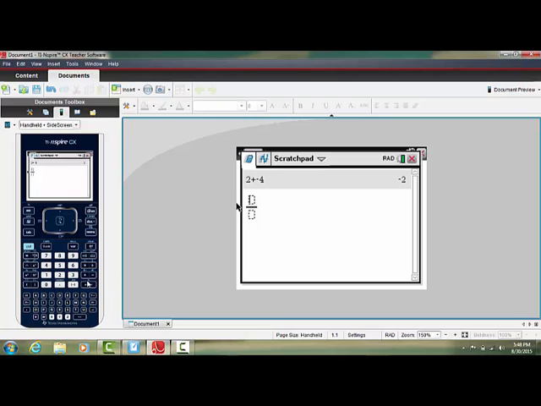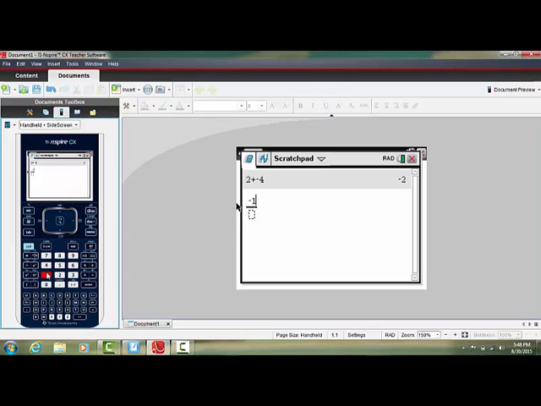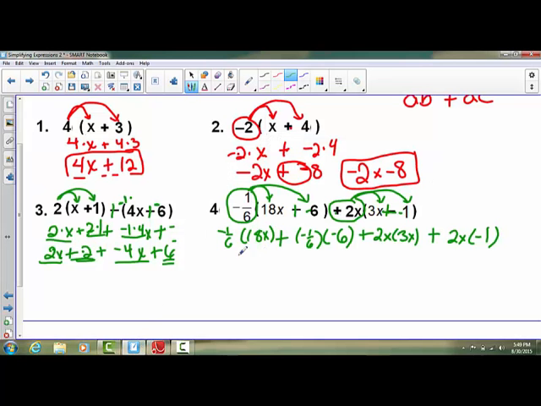And you'll put your negative 1/6 times 18 is negative 3. Okay, so all of this right here became negative 3x. Here, negative 1/6 times negative 6 is going to be positive. Okay? And then 1/6 times 6 is 1.